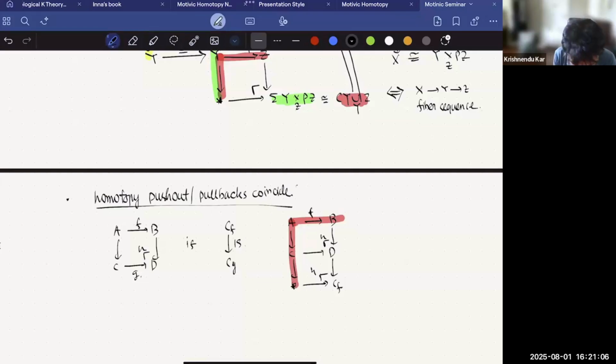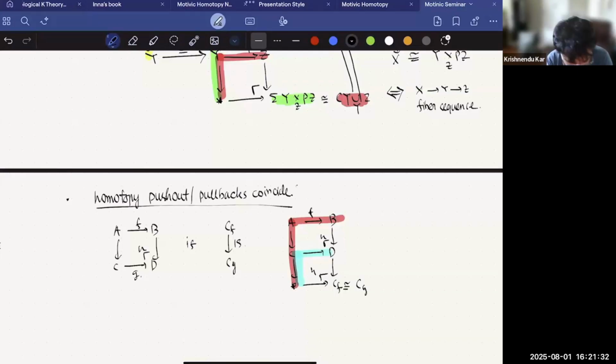And if I focus on the homotopy pushout of this square, you get CG. Sorry about that. And these two are stably equivalent by your pasting lemma of the pushouts.